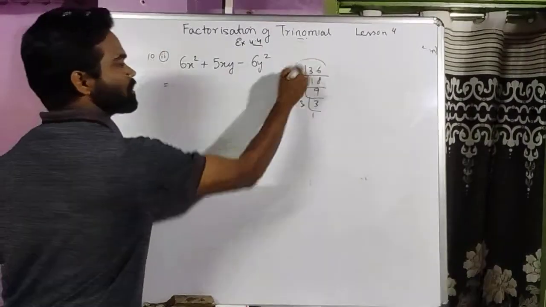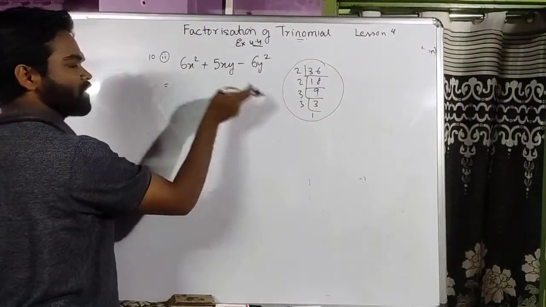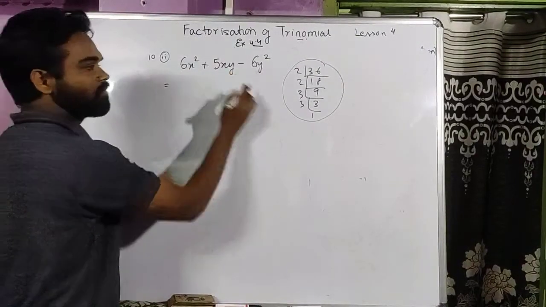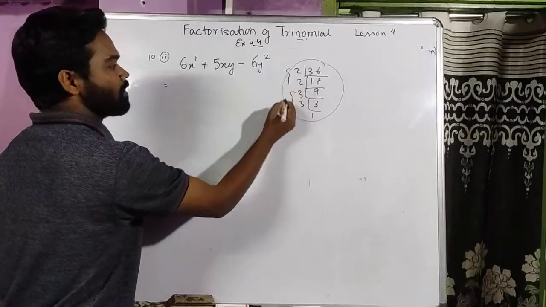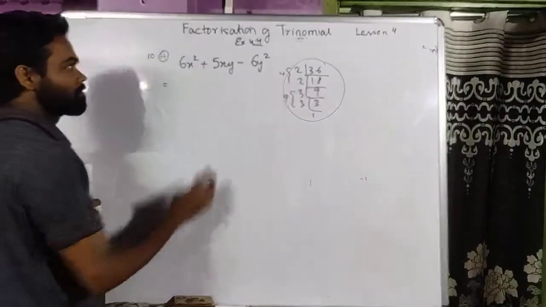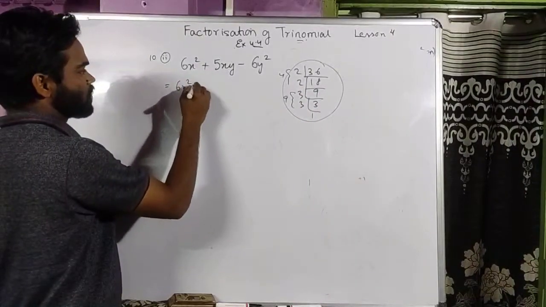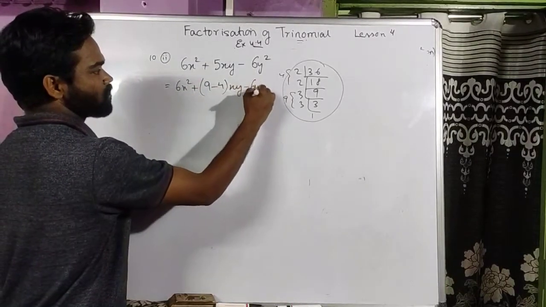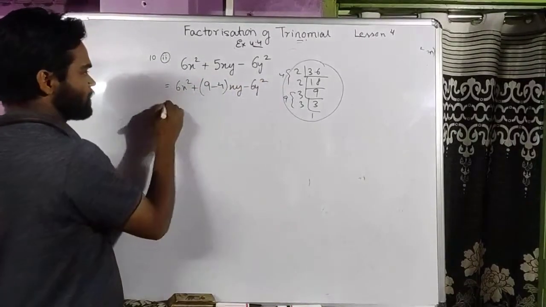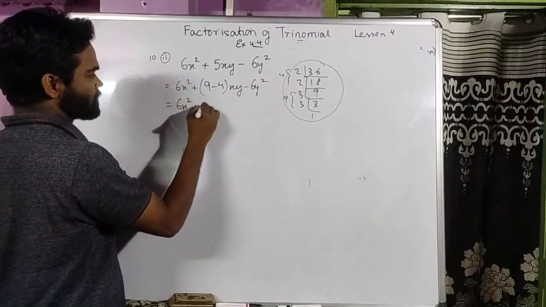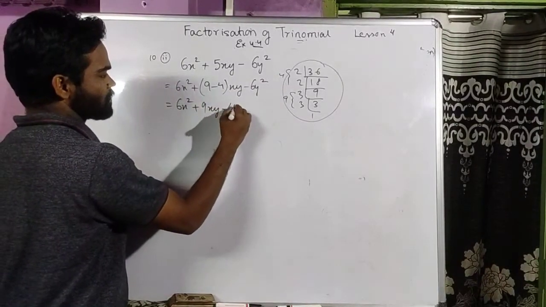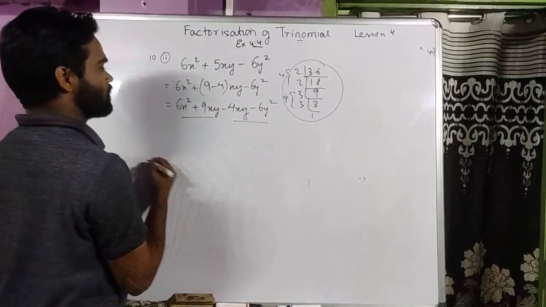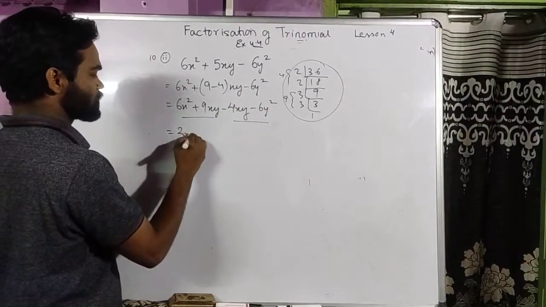Now we'll arrange them in such a way that when you multiply, you should get 36 and the difference should be 5. Why difference? Because there's a negative sign over here. 9 and 4. So we can write this 6x square plus 9xy minus 4xy minus 6y square. Look carefully. Now we'll take 3x common.